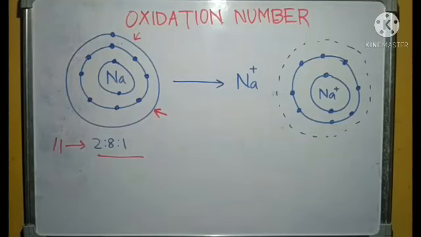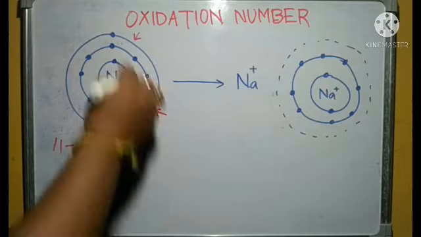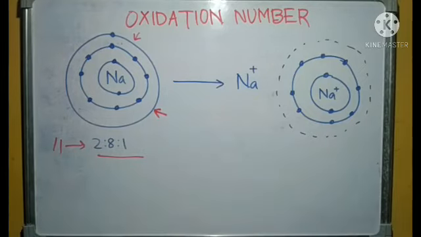So for sodium to fill its valence shell, the total number of electrons should be 8. So we would require a total of 7 extra electrons. While discussing the valence shell, I already told you that it is almost impossible to get 7 electrons from another element. The maximum number of electrons that can be gained is 4.